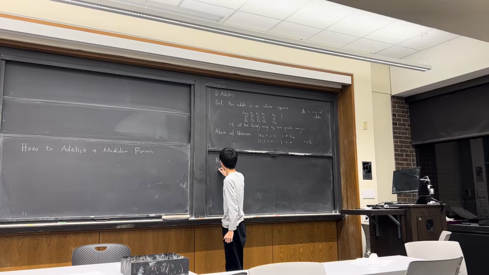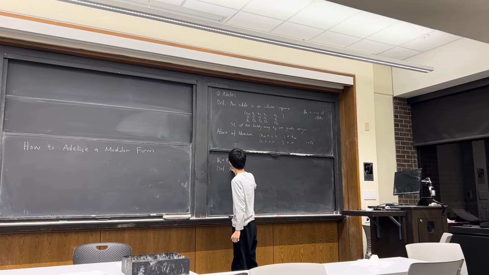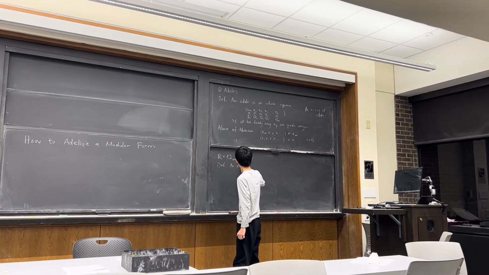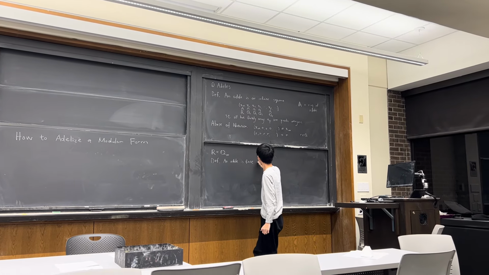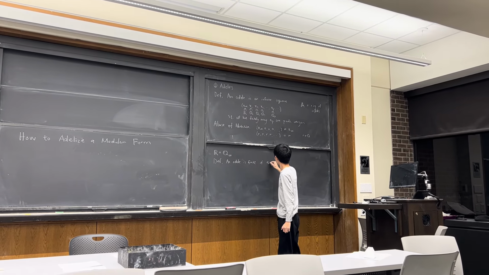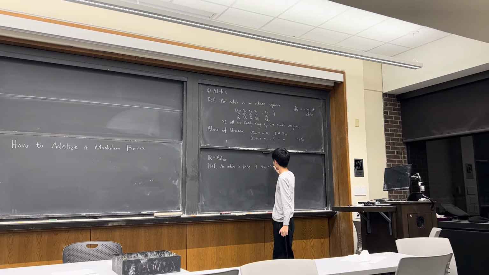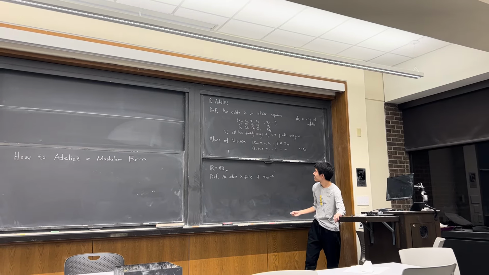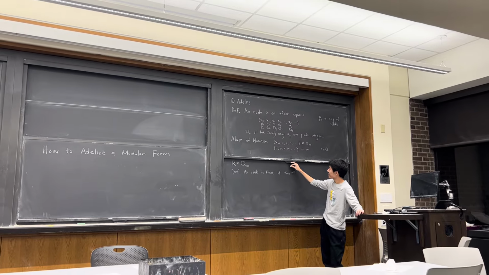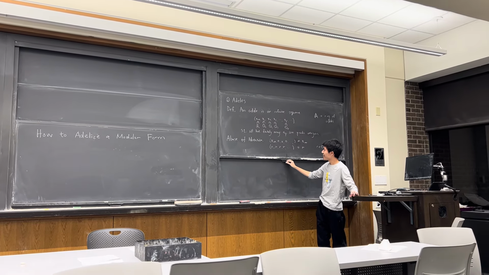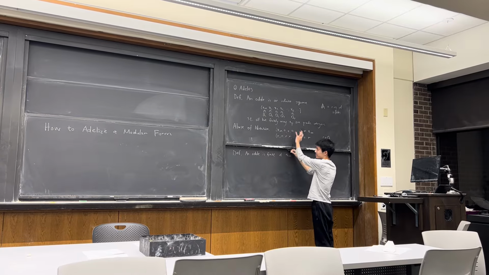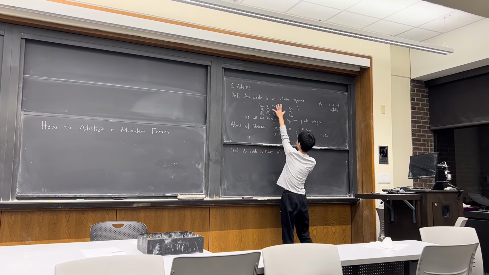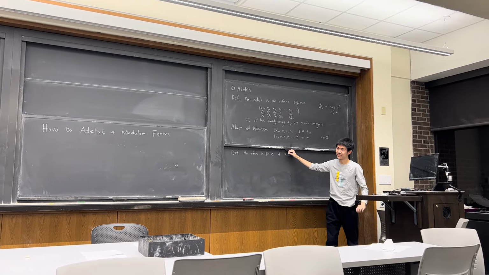So we say that an adele is finite if the infinite part is 0. So essentially, any adele can be written as a sum of a real number, the infinite part, and a finite part, a finite adele.